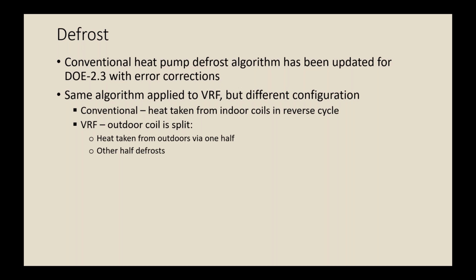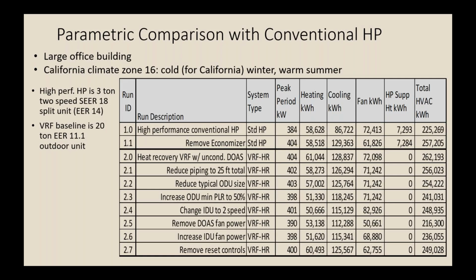So it can do the defrost fairly efficiently and quickly by splitting the coil one way and then reversing it and splitting it the other way, and defrosting both sides of the coil one after the other. That's the model that is implemented in the current DOE 2 for VRF, but the heat pumps have a different approach for the configuration itself.